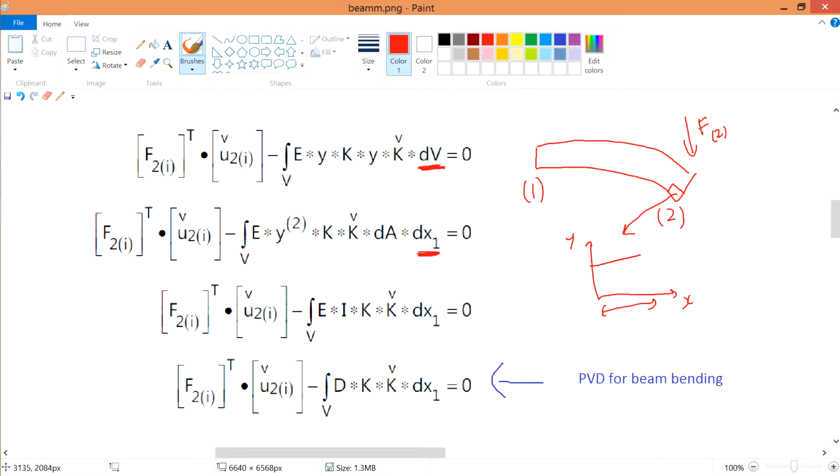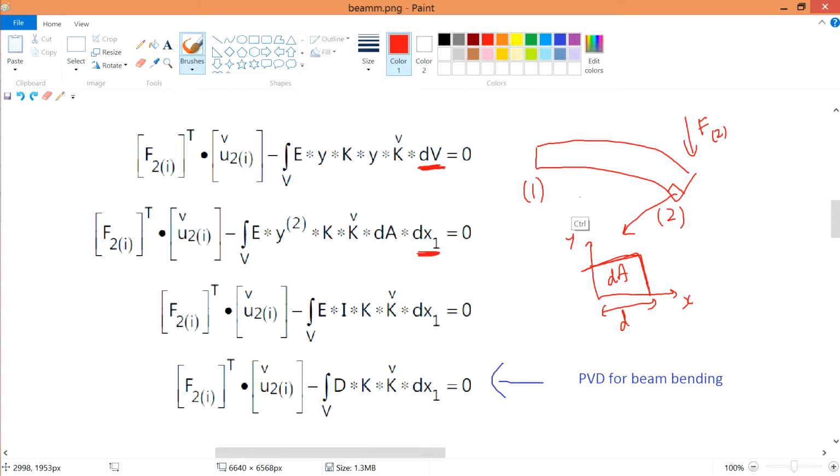This is your little cube, your dA, if you were to say. So over here, this is dx. You are integrating piece by piece all along the beam itself, in this direction. So therefore, it's dx1.